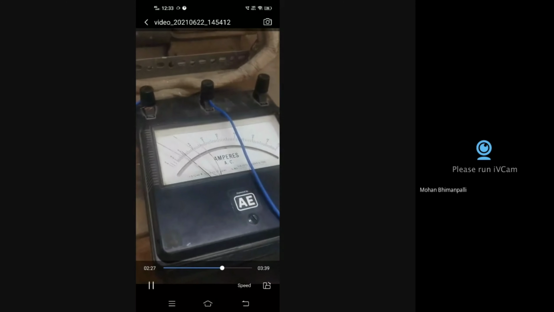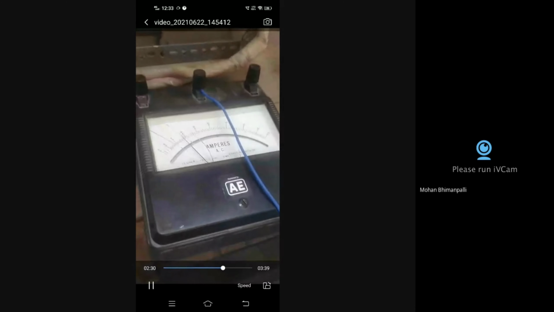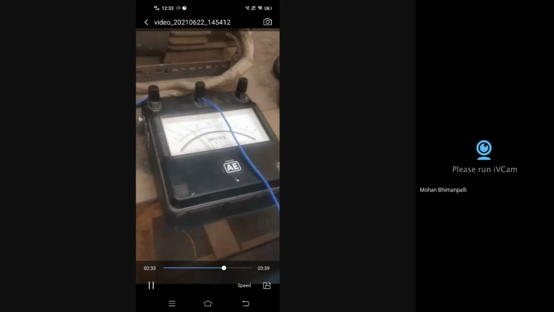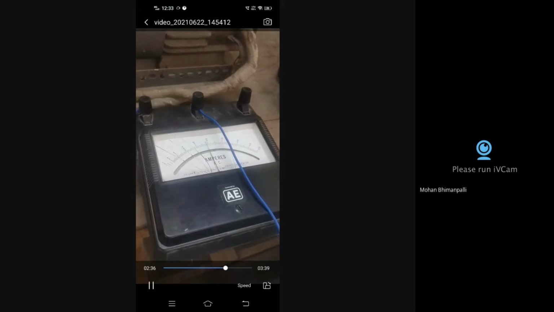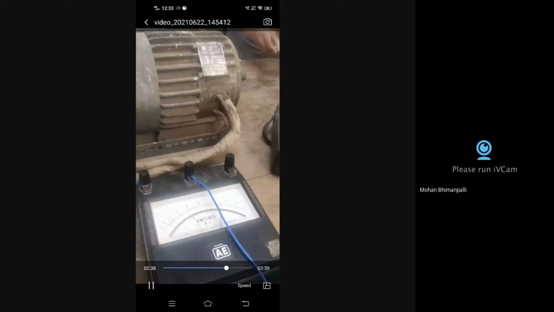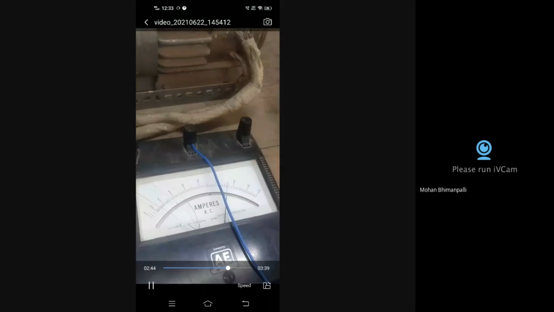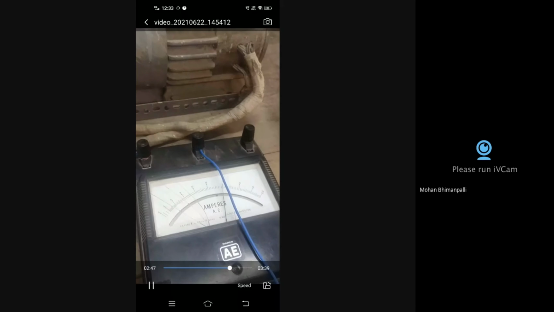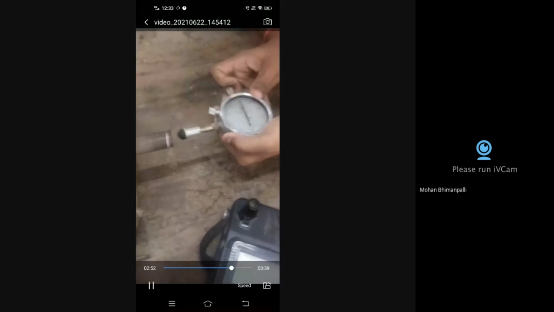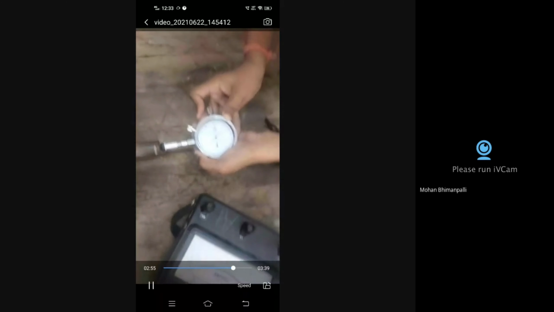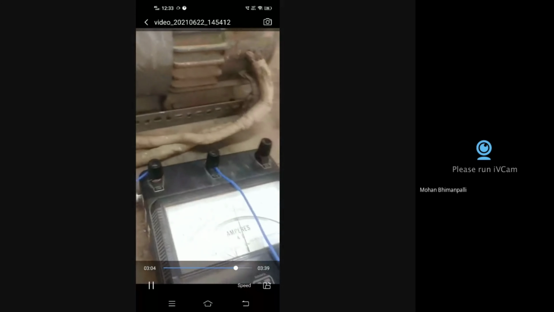So slowly we will increase the voltage. The current is increasing. Now we are increasing here. Now our student will measure the speed. The speed is 370.